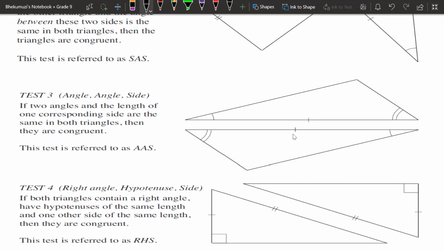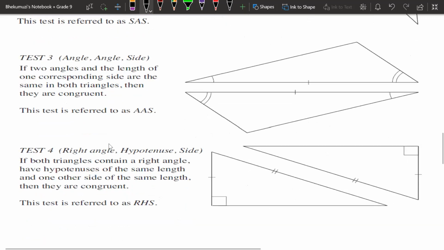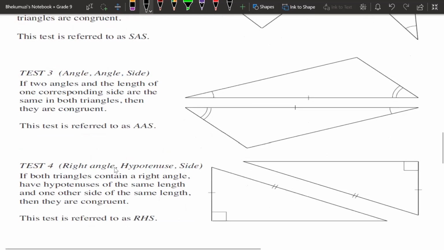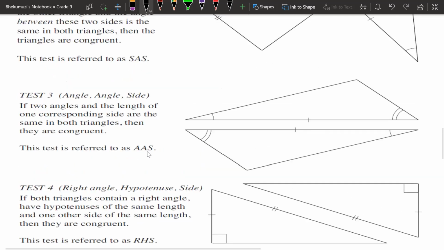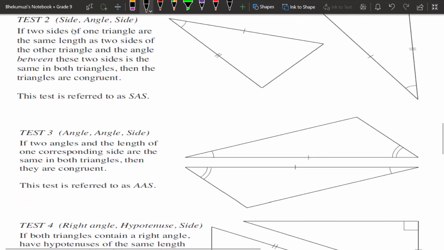Okay. And then we have the last one here, which is test 4, which is the right angle hypotenuse side, right? Now, the right angle hypotenuse side is mostly used for right angle triangles. So you'd say that it's an RHS, as you'd say angle angle side as AAS, and side angle side as SAS.